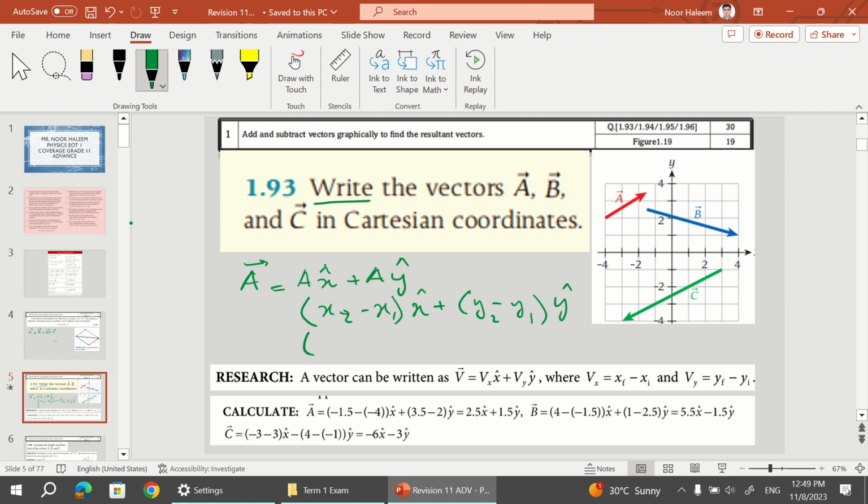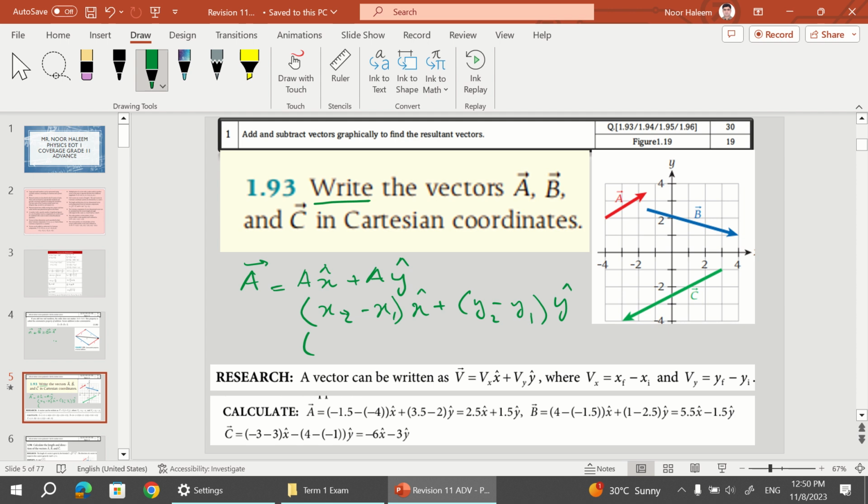Start. Final. Tip will be the final. Along x-axis how much is it? Minus 1.5. Okay, this will be minus 1.5. Yes, 1.5, but minus.